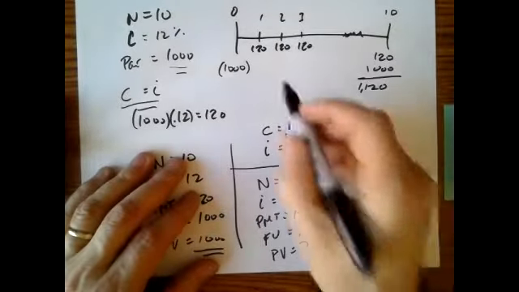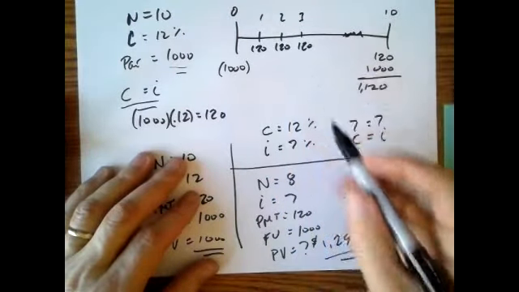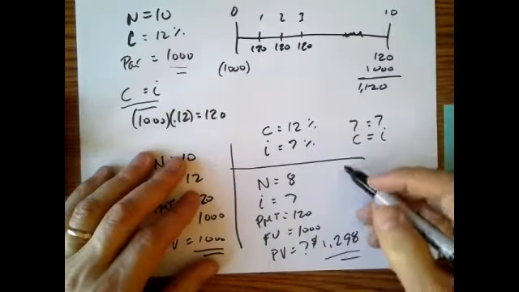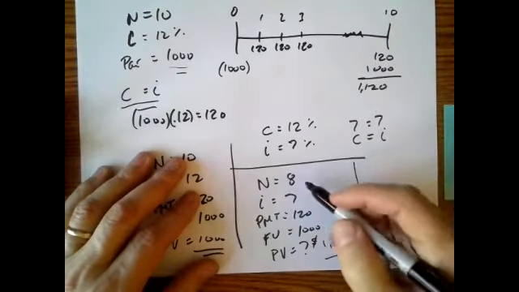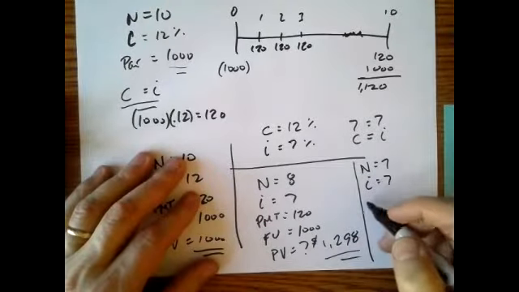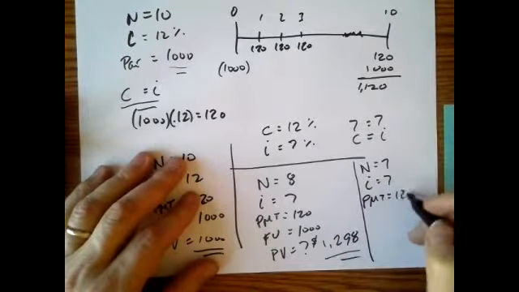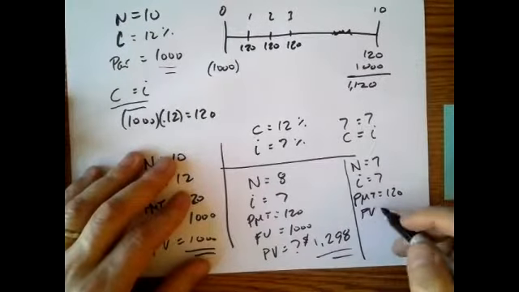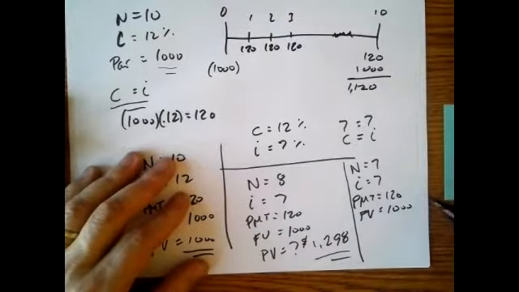All that's changed now is we've moved one more year forward. So instead of 8 years left, we now have 7 years left. So N equals 7, I equals 7, payment equals 120, future value still equals 1,000, right?